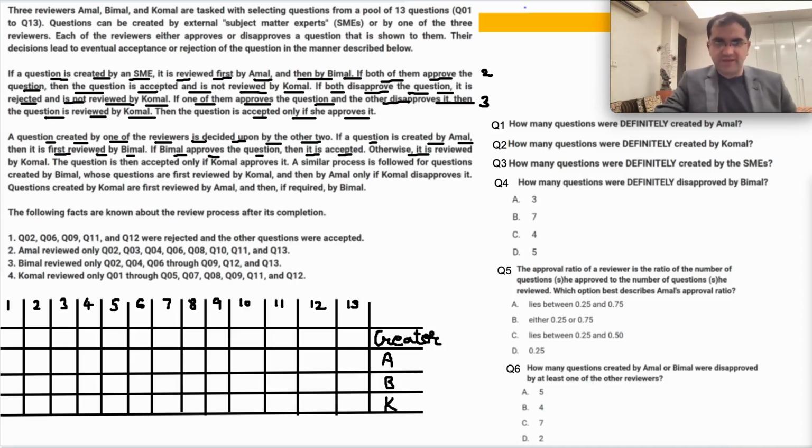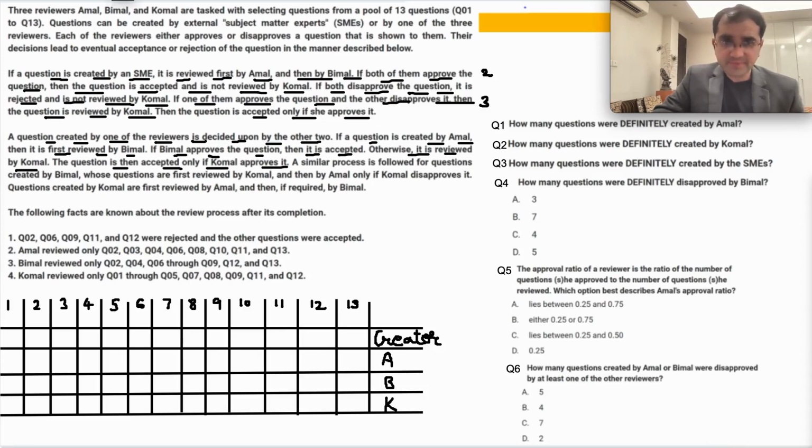Story is over. Otherwise, it is reviewed by K. Now understand this. In this case, if B approves, it is accepted, meaning only one person has seen it. Otherwise, it is reviewed by K, the third person. Okay? The question is then accepted only if Komal approves of it.